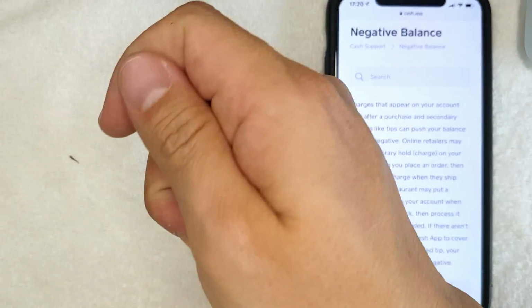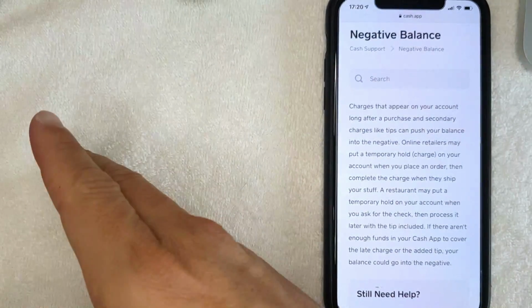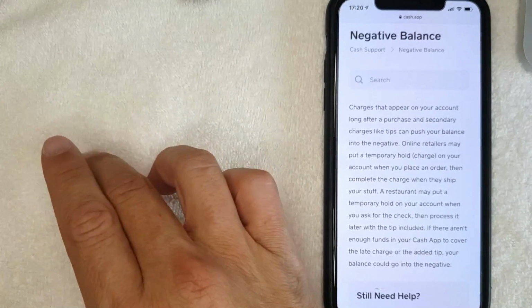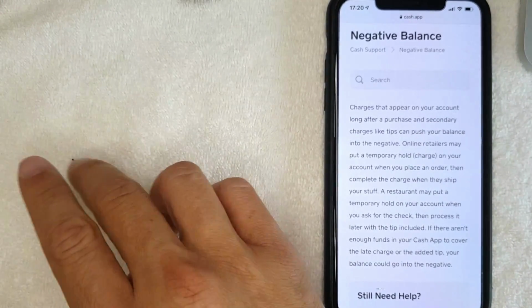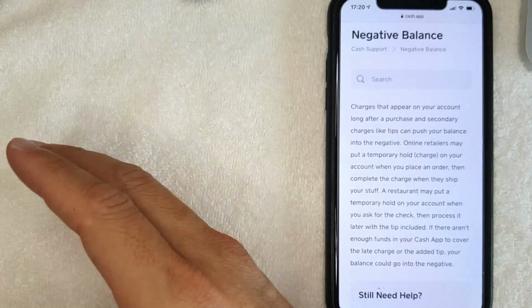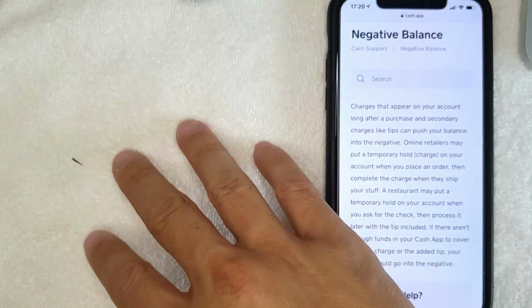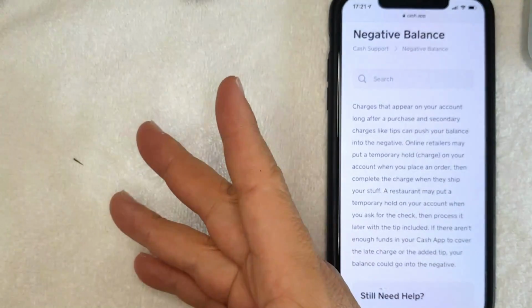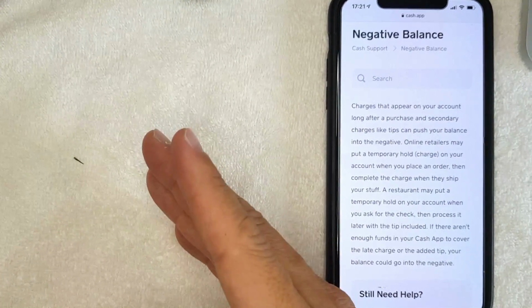But at the moment the card is swiped, I'm talking about your Cash App Cash Card, it's approved because Cash App thinks that you have the $25 and the transaction is only for $25, so why would there be a problem? However, the $5 tip that you put on there will push you into a negative balance on your Cash App. So that's one reason why your Cash App could have a negative balance.